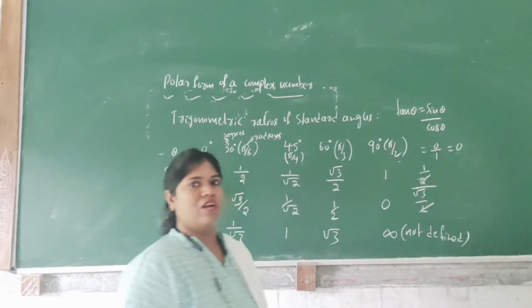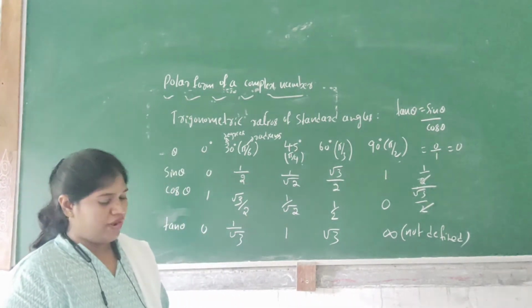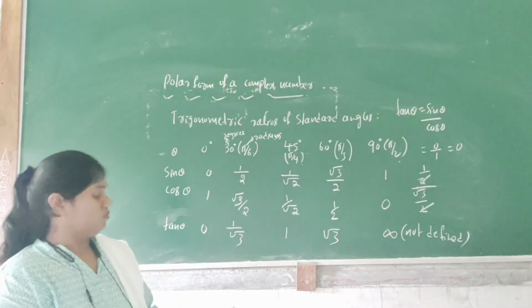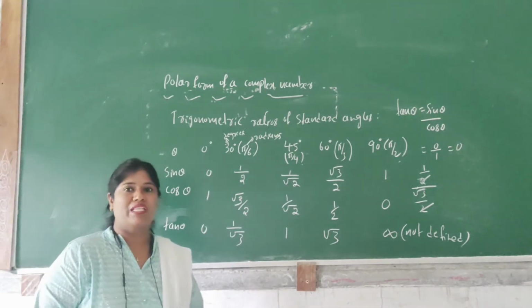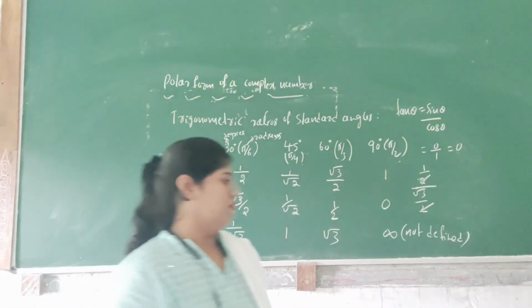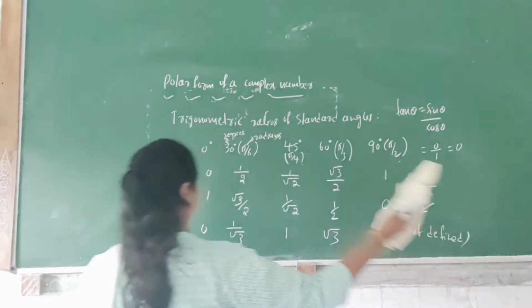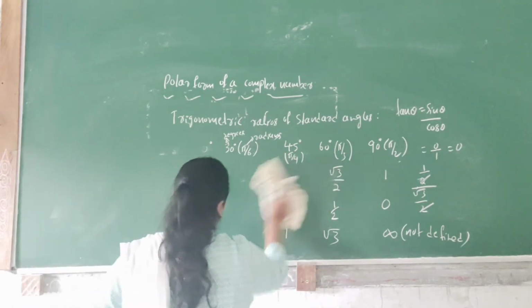We will do it in trigonometric functions, okay? So to find this polar form of a complex number, we should know all these things, otherwise it's not easy. You should know. It is easy only. You practice it, you write.